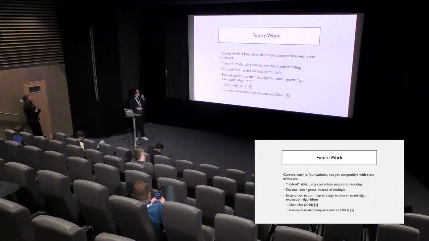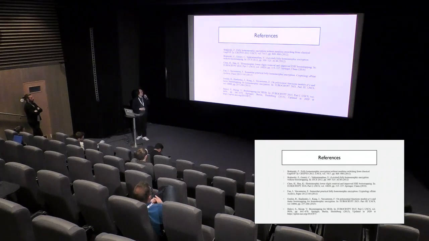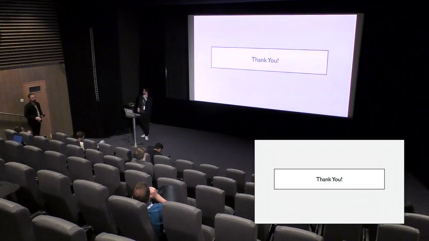And lastly, we can also think about trying to extend the correction map strategy to more recent digit extraction algorithms by Chen and Han in 2018, and the more recent Gielen, Ilyashenko, Kang, Vercauteren optimizations in 2023. So these are my references, and thank you for your attention.